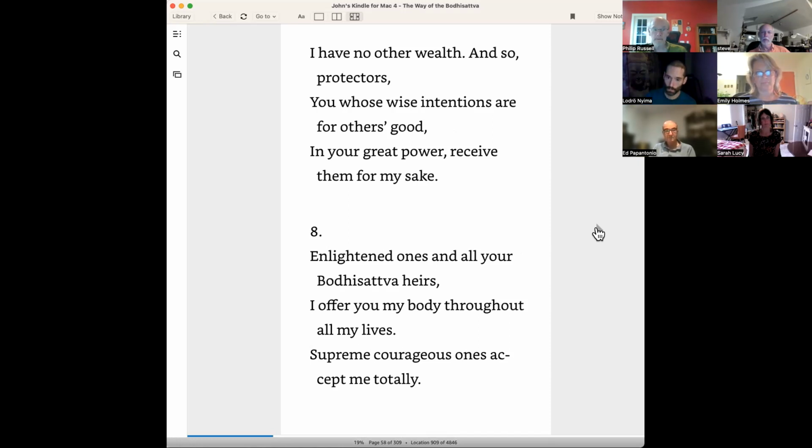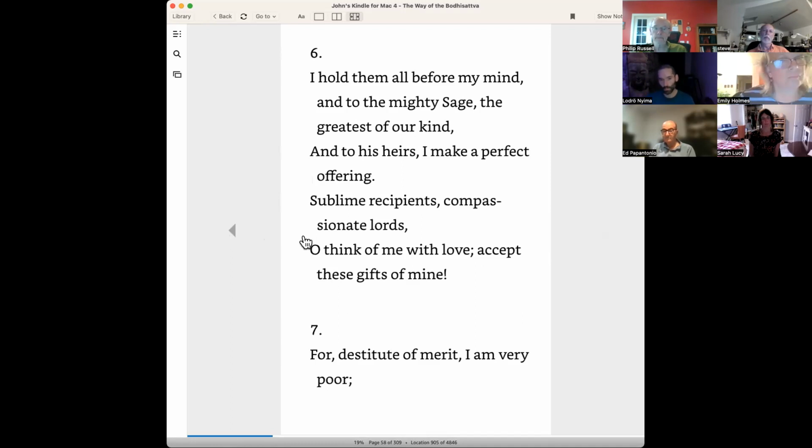Okay, so here Shantideva is speaking for himself. At this point in his life, he was basically a poor monk, and also felt that he was destitute of merit. So he was poor in terms of merit as well as in terms of material things.